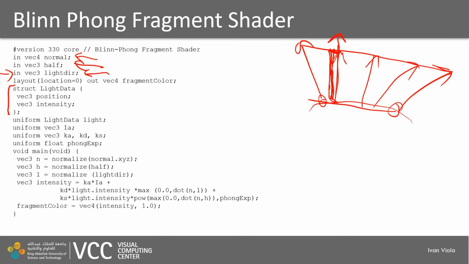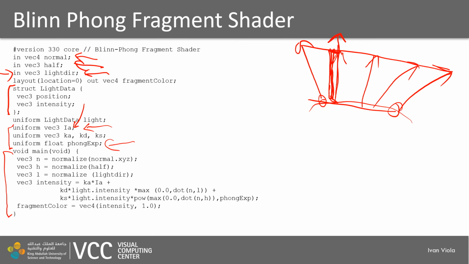Besides that, we have a few more uniforms which we can use here, which are the ambient illumination coefficients, the ambient illumination intensity, the Phong exponent, for example. And here in the function, we then just perform our Blinn-Phong shading.